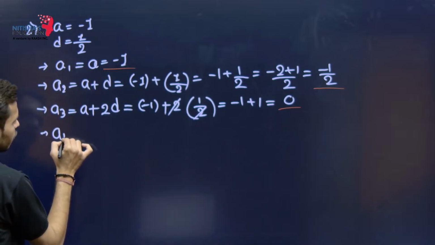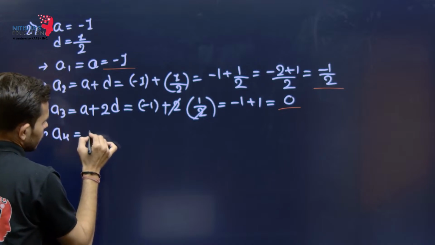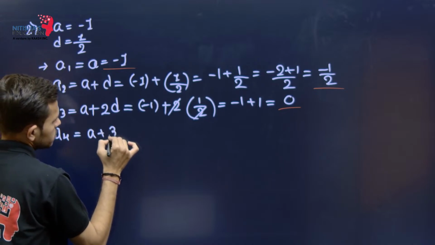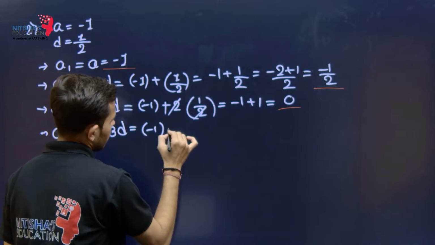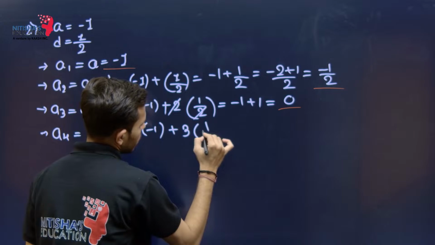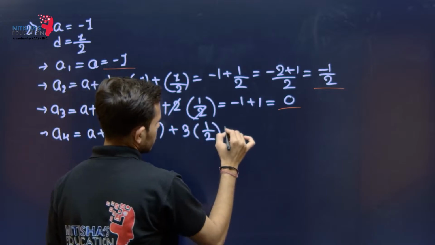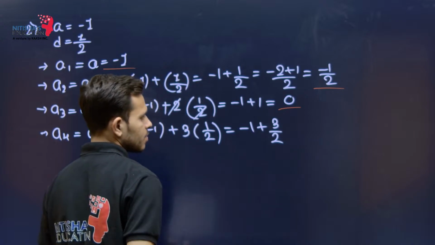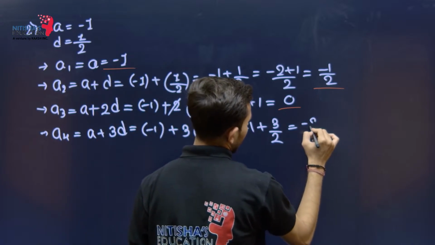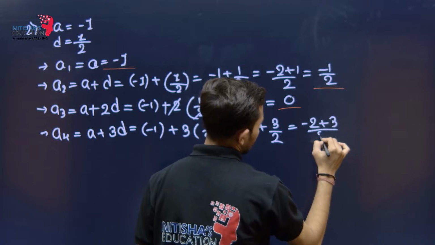Let's find our fourth term, A4, which is given by A plus 3D, right? A is minus 1 plus 3 times D, where D is 1 upon 2, right? Let's simplify this. 3 upon 2. Take LCM. LCM is 2. There will be minus 2 plus 3 upon 2.